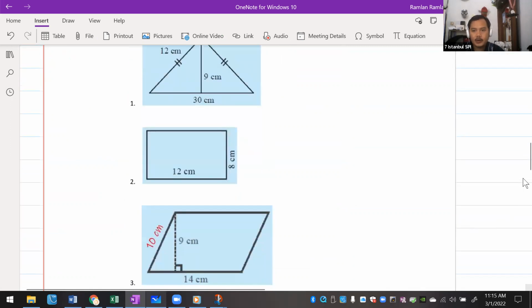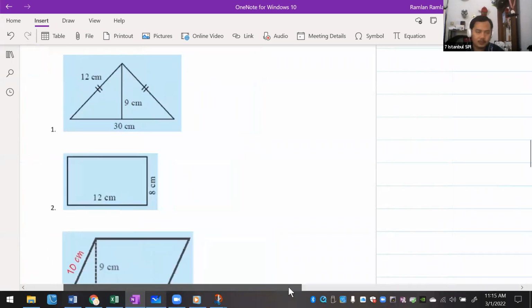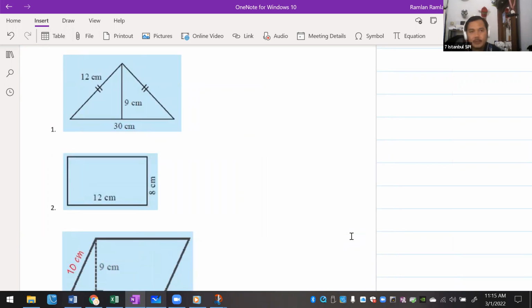So in your exercise book, please draw the shape. If you can use a ruler, please use it. But if you don't have one, it's okay, as long as the shape is similar enough that we know this is a triangle, this is a rectangle.